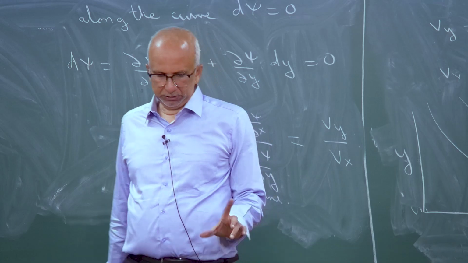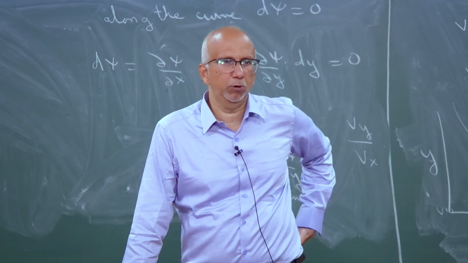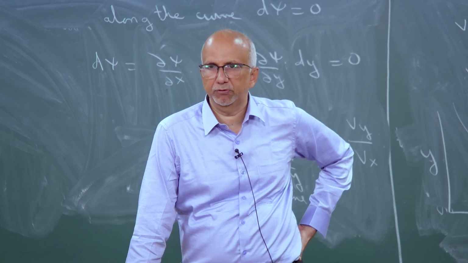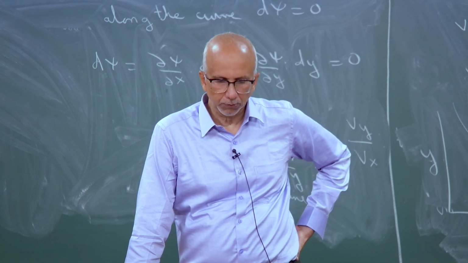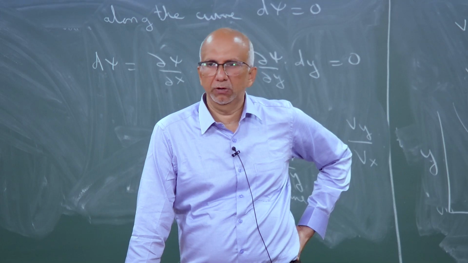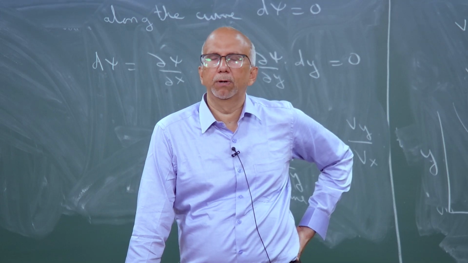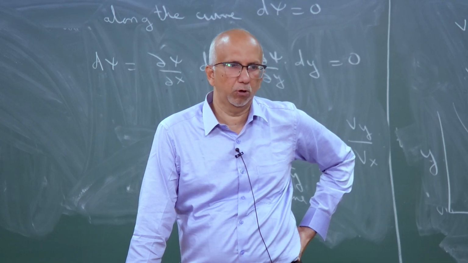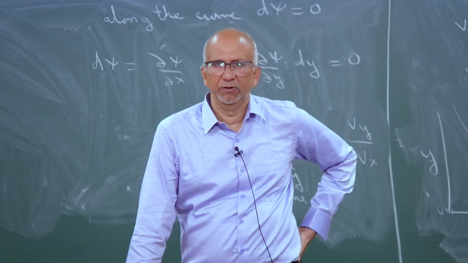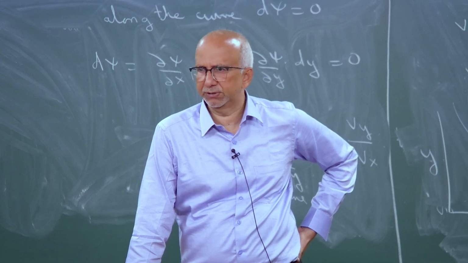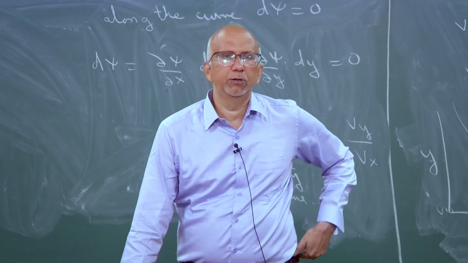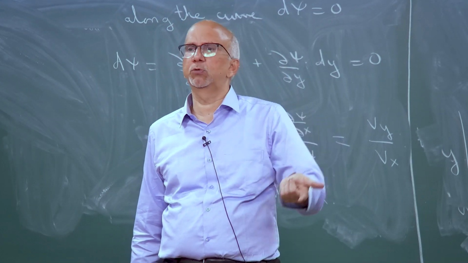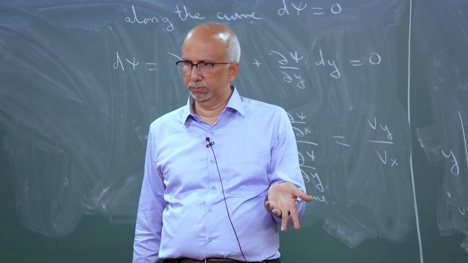What I want to do just before closing is trying to tell you what is the motivation for using this stream function formulation. So, when you are trying to solve two dimensional flows, you need to solve for two velocity components, okay, Vx, Vy, Vr, V theta, whatever it is. And you can use the equation of continuity and the two momentum equations to solve.